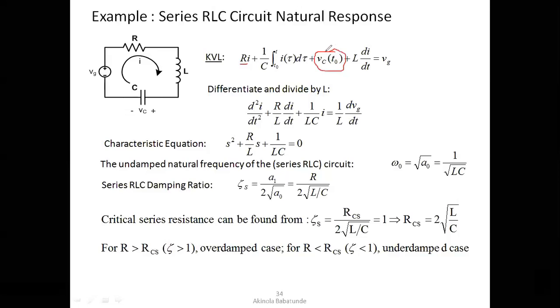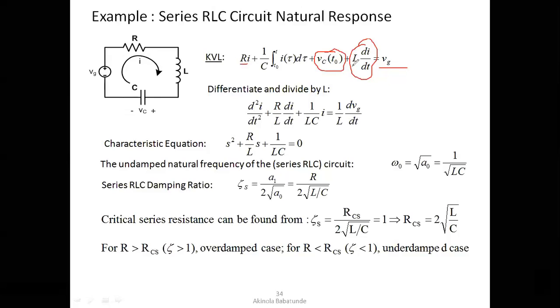This is going to be the initial charge in the circuit, plus the voltage across the inductor, which will be L di/dt. Then minus Vg, which is the voltage source. Instead of writing minus Vg equal to 0, we just take minus Vg to the other side, and then we have Vg here. So when you take the KVL, this is what you have.